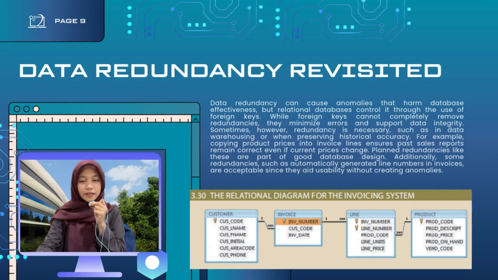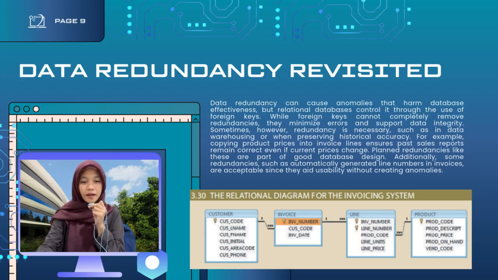Next, we're going to be talking about data redundancy revisited. So, data redundancy can cause anomalies that harm database effectiveness, but relational databases control it through the use of foreign keys. While foreign keys cannot completely remove redundancies, they minimize errors and support data integrity. Sometimes redundancy is necessary, such as in data warehousing or when preserving historical accuracy.